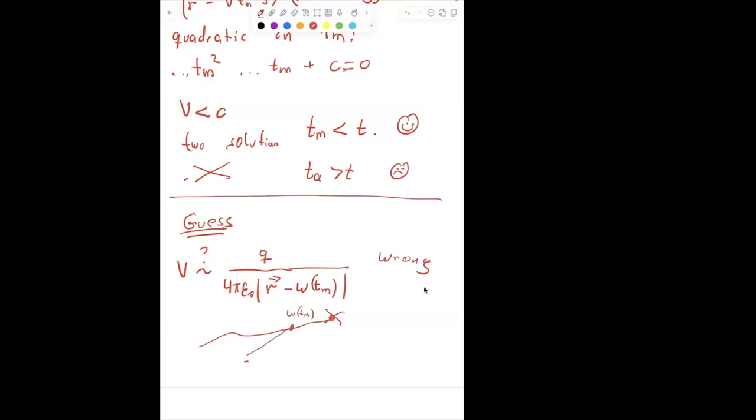And then you just replace R by R minus the position relative to some reference frame, and you get Coulomb's law relative to the position of the particle, not at time t, that is obvious, but in the retarded time. However, this is wrong. This is part of the solution. The true solution is much more complicated.